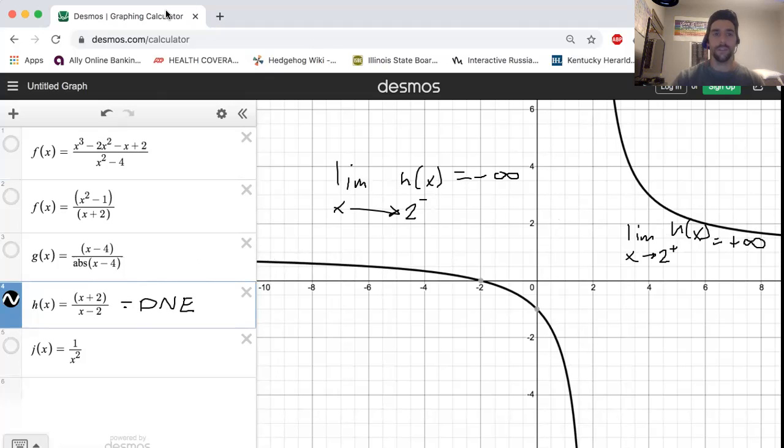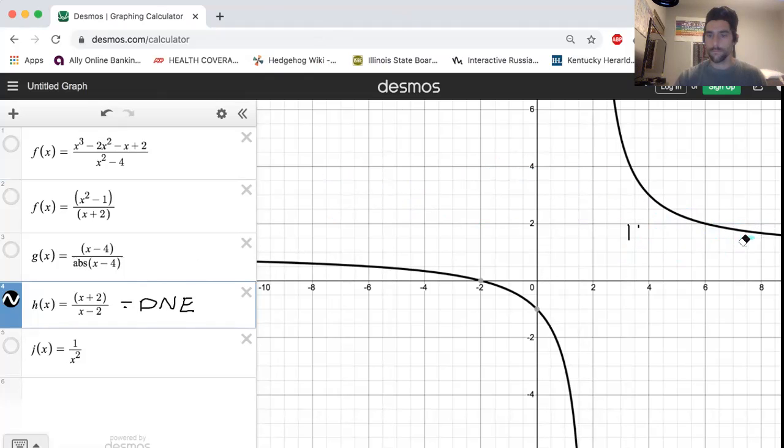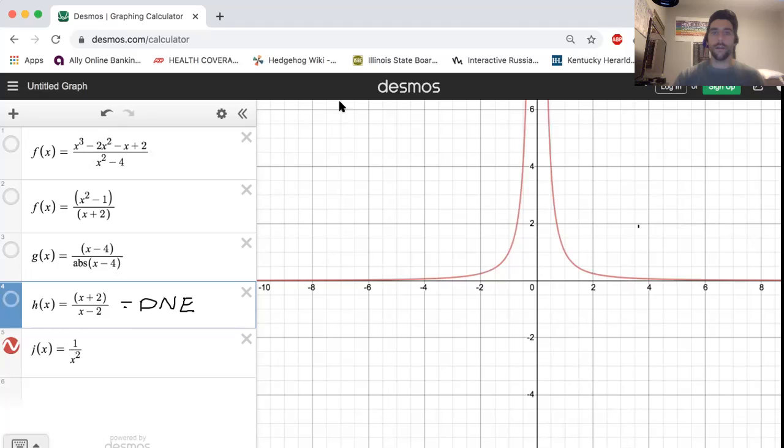What's really interesting though, I'm going to exit out here and actually let me erase. What's really interesting is for this function, it might be quick to say, if I am trying to figure out the limit as x approaches 0 of this function j of x, looking at the graph, you might say, oh, the limit does not exist.